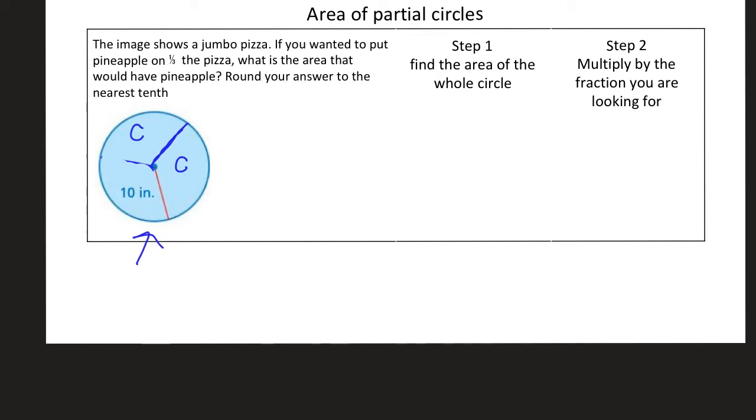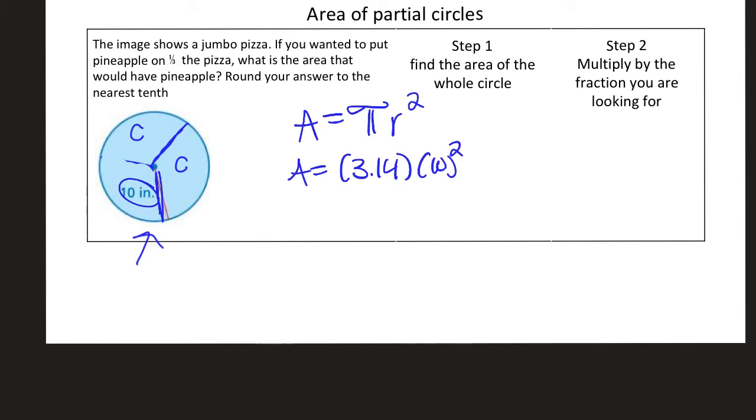So we're going to start with finding the area of the entire circle. So pi times the radius squared, 3.14. My radius is right here, it's 10. 10 squared.